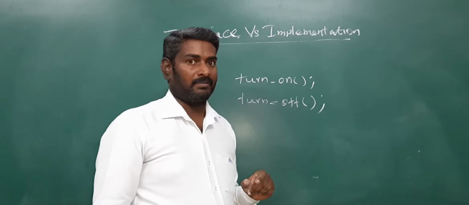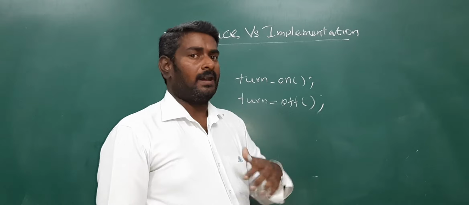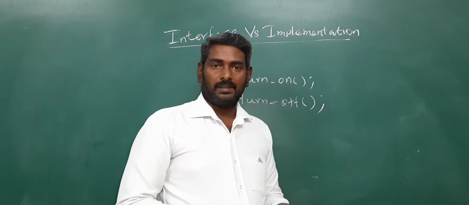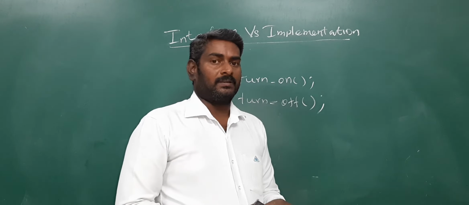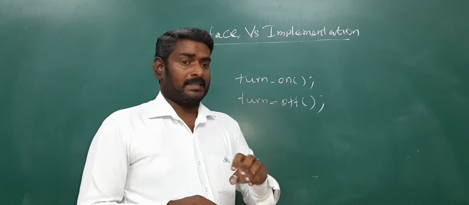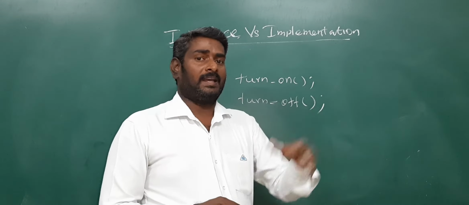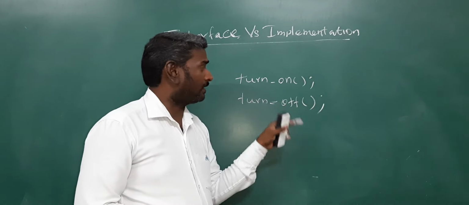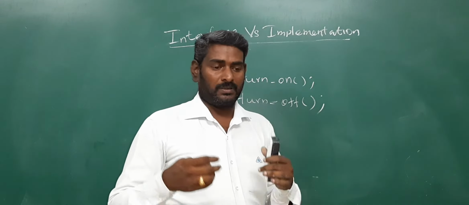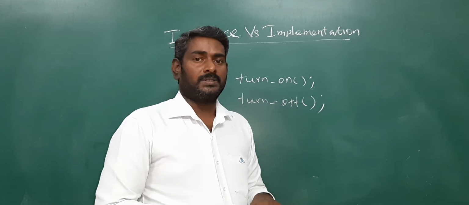If you want to use the light switch, it will have two function definitions called turn on and turn off. You may ask me, what is the purpose of the interface, or what is the use of the interface? Interface allows the computer to enforce the functions, that is, it enforces that a class of type T must have the functions turn on and turn off, or functions called x, y, z. If you want to use the properties of the class by function, then we use the interface.